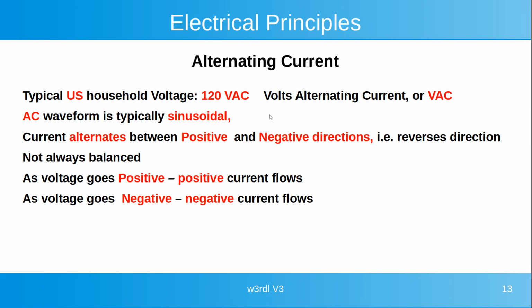Typically, an AC waveform is going to be sinusoidal, which means it follows a nice sine wave. I think I have one later showing how you generate a sine wave. A lot of times it might be a square wave, a triangular wave, some other distorted form. Any of those waveforms is essentially a combination of sine waves of different frequencies and amplitudes.